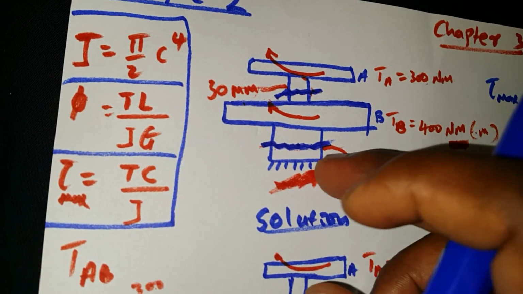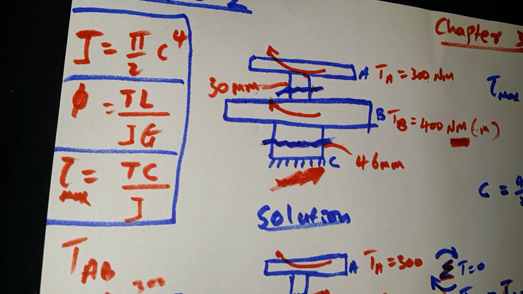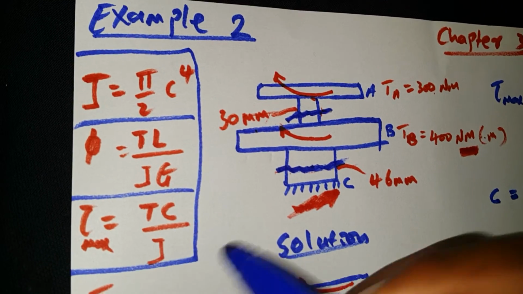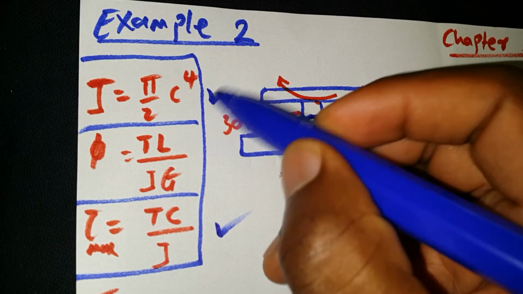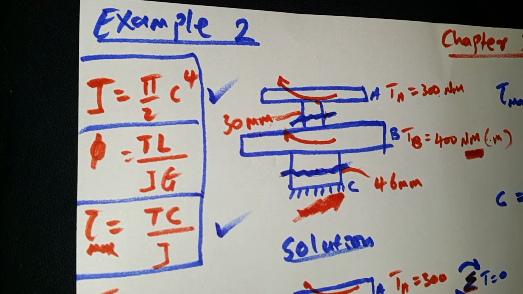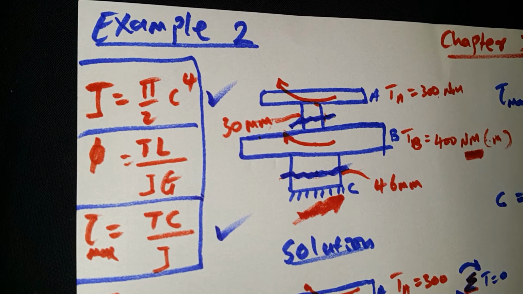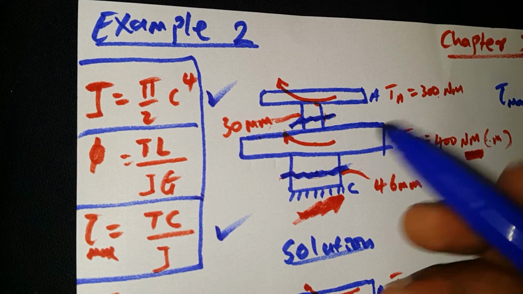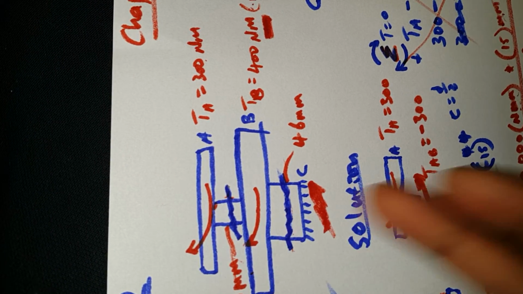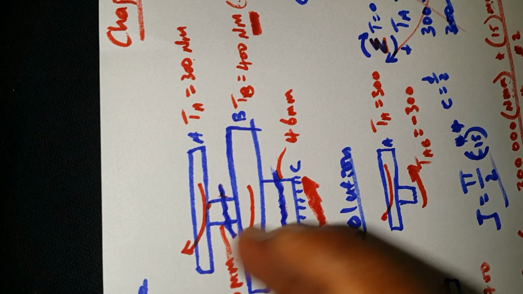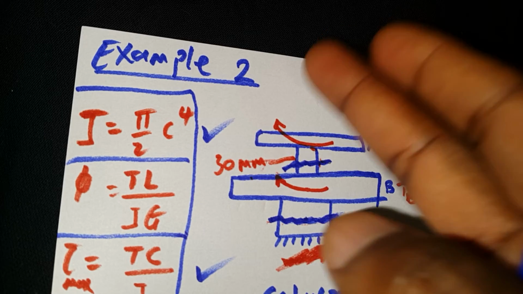So this is another type of example in this chapter 3. We still use this formula, but here we only use this formula, and this did not come into place. Sometimes they will ask you the question with the shaft vertical like this, so you solve it vertically, but here we solve it horizontally.